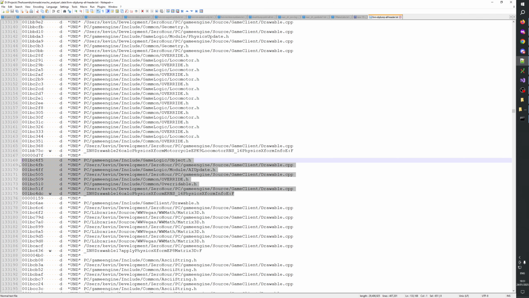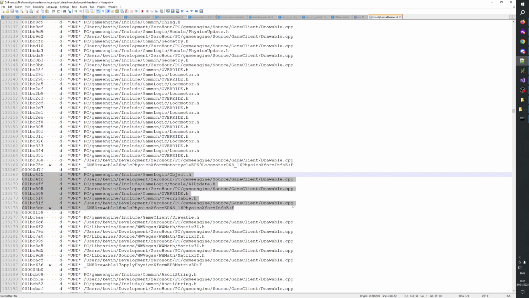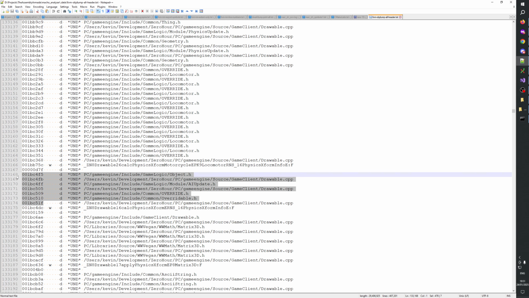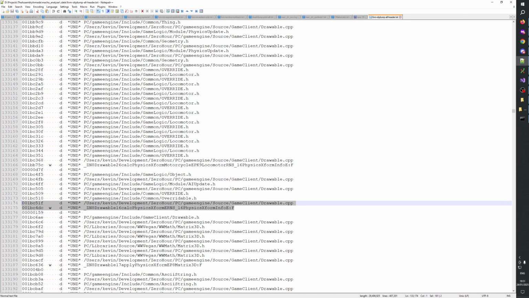I don't understand this relationship, but I assume that this function is contained in this CPP file, which is awesome information. But how this came to be, I don't understand.